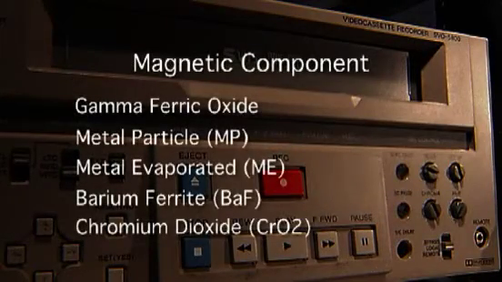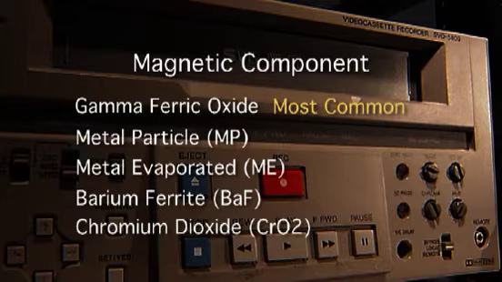The pigment can be comprised of one of 5 different metallic particles. Gamma ferric oxide is the most commonly found particle in videotapes. Most of your analog videotapes will be gamma ferric oxide. It's very stable. Metal particle and metal evaporated tapes are typically found on digital formats.